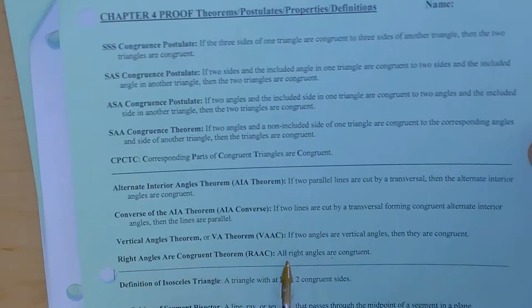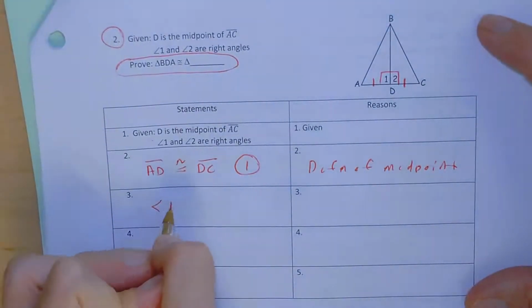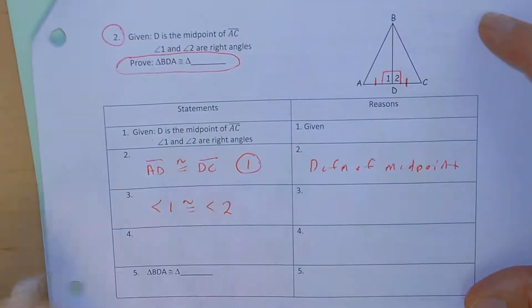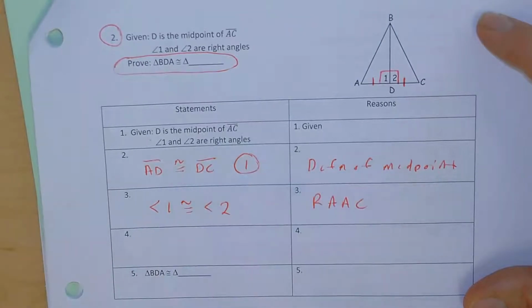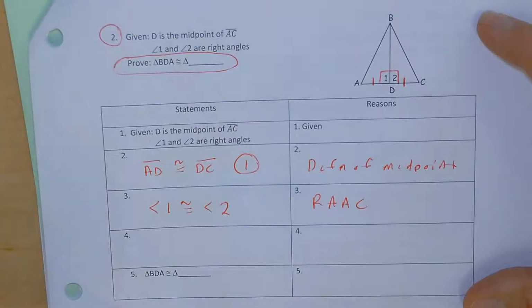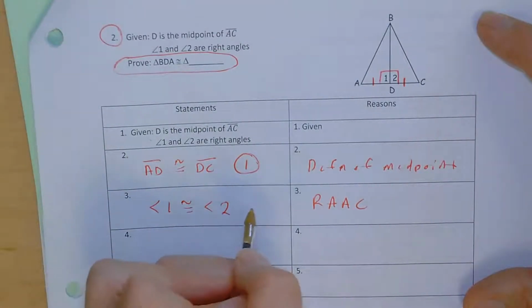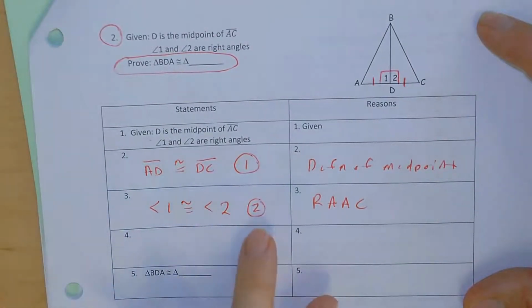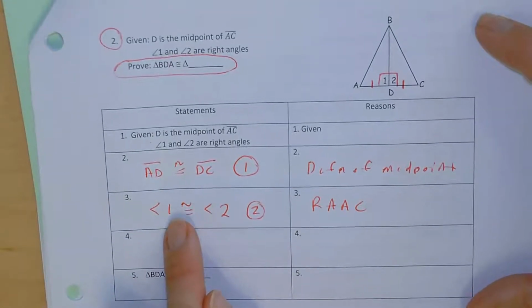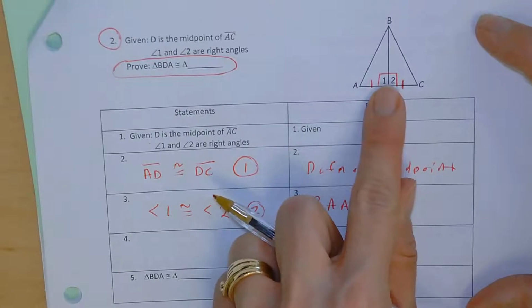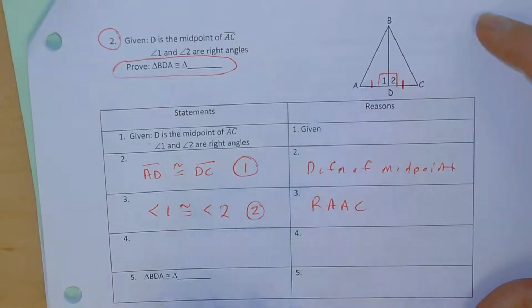So if right angles are congruent, we could say that angle 1 is congruent to angle 2, and that would be by the reason that right angles are congruent, which is VOC's cousin, ROC. You can say it the same way, or you can write out right angles are congruent. That is our second trimester because we have a congruent sign and we have 2 sets of body parts. Make sure you mark them in your picture as congruent, which I already did.